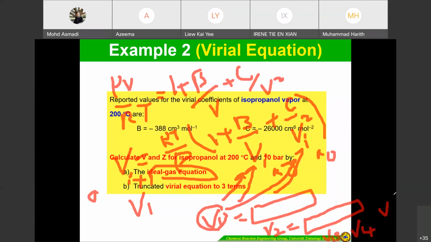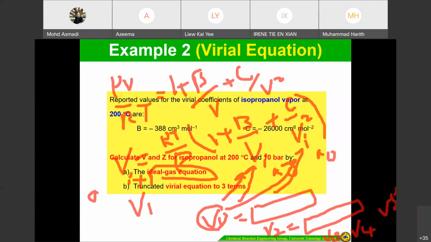When you compare V5 and V4, the answer is almost similar, like 3900 and 3901. The error is very small, so you can select that answer as your final answer.